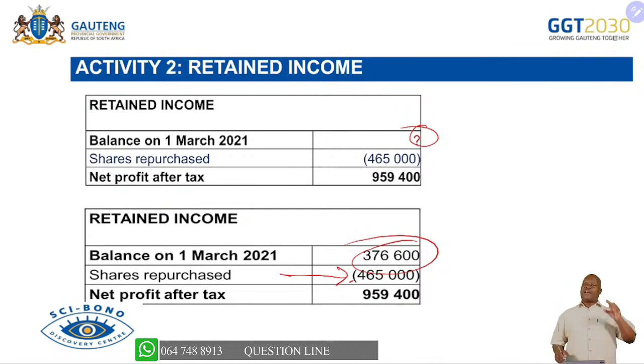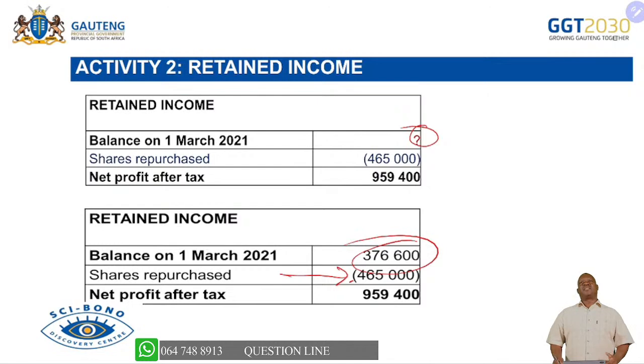Straightforward. And remember the format. Always the balance at the start of the year, and then repurchases. The repurchase is always bracketed because it's a minus. Whether you are in the balance sheet, the cash flow, ordinary share capital or retained income, wherever you go, whenever it's a repurchase, guys, just know it's a minus.